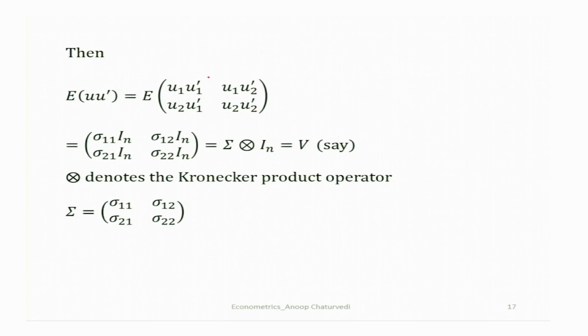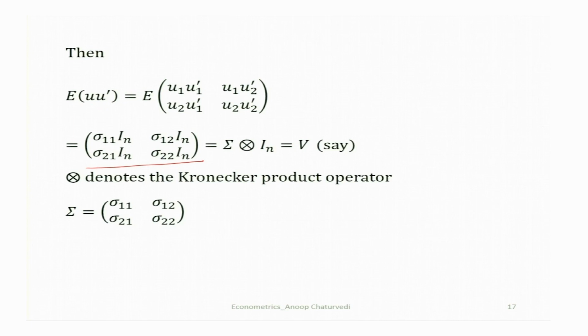Now, expected value of u1 u1 transpose is equal to sigma 11 I n, expected value of u1 u2 transpose is equal to sigma 12 I n, expected value of u2 u1 transpose is sigma 21 I n and expected value of u2 u2 transpose is equal to sigma 22 I n. So this is the variance covariance matrix of u.